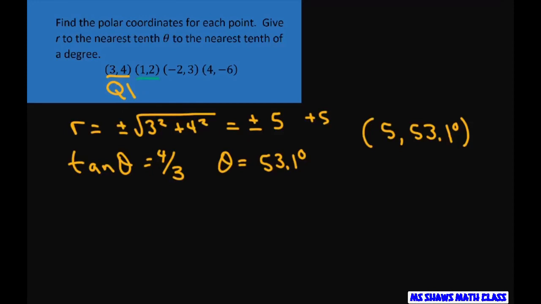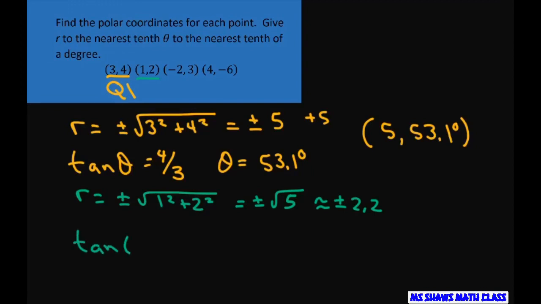And for the second one, you do the same thing. r is going to equal plus or minus the square root of 1 squared plus 2 squared, which equals plus or minus the square root of 5, which is approximately plus or minus 2.2. And then our angle, we set tan of theta equals 2 divided by 1, which is 2.